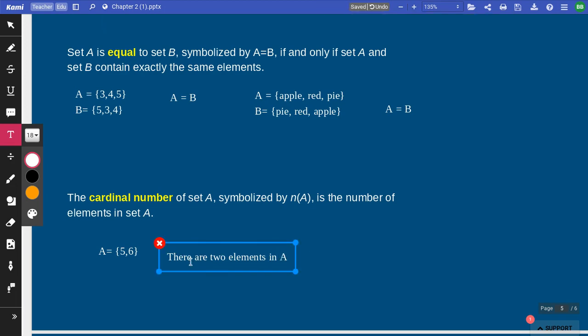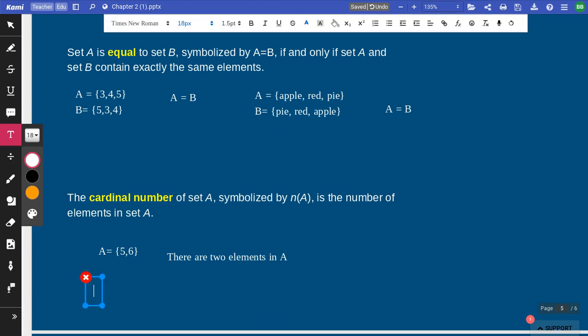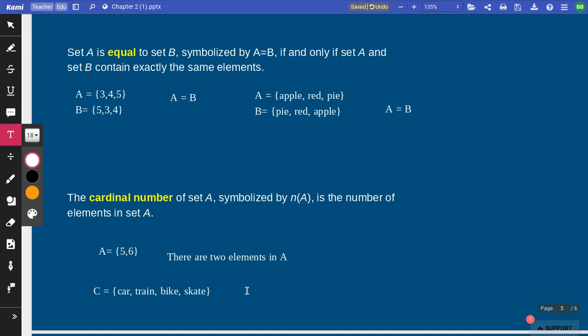Okay, let's do one more example. Let's have a set C. We'll have a car, train, bike, skate. How many elements are in C?